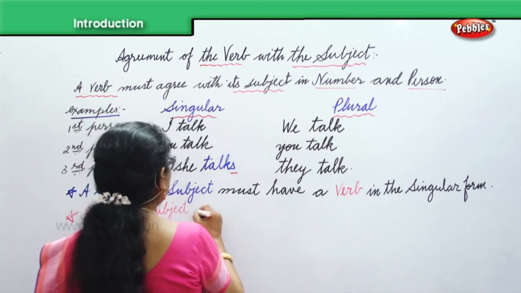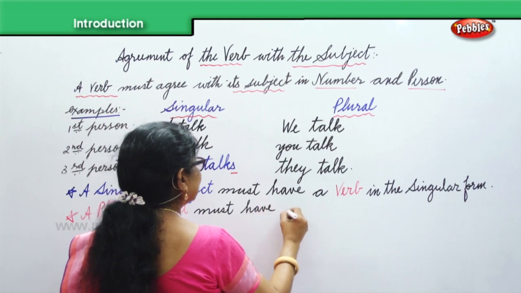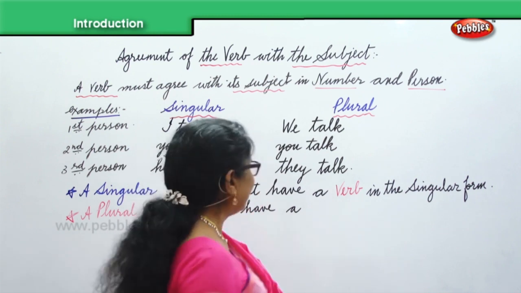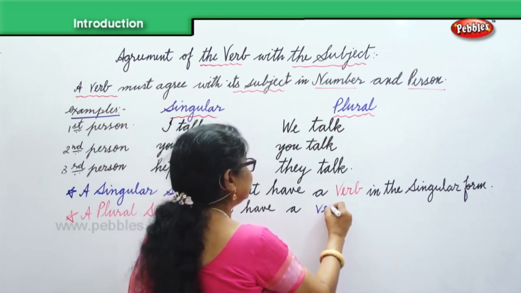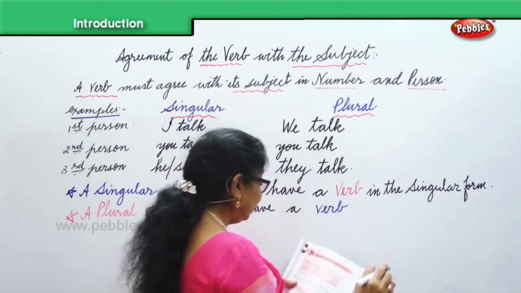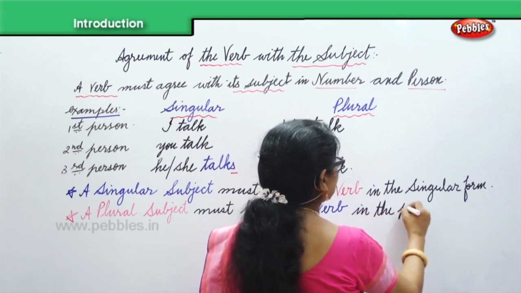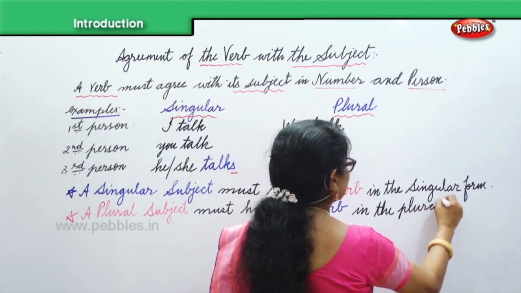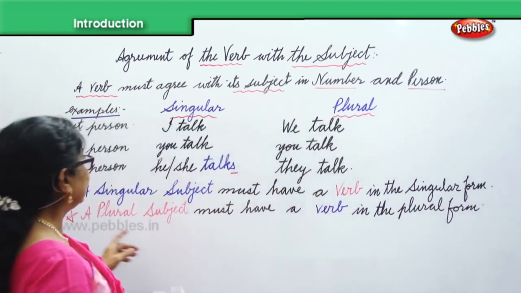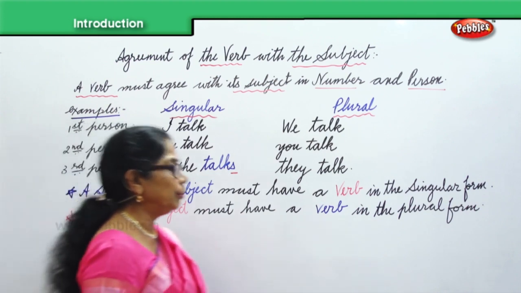A plural subject must have a verb in the plural form. Okay. The plural subject must have a verb in the plural form. That's what we are going to look at.